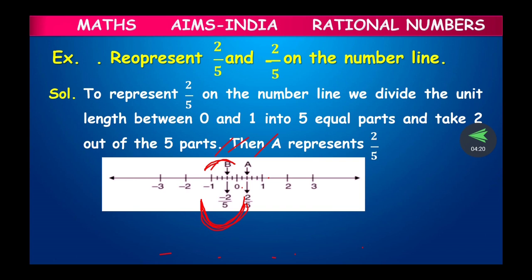That's why the place between 0 and 1 is divided into five equal parts. Out of that, at 2 parts, we have kept A, which stands for 2 by 5. Minus 2 by 5 also, towards left side, the place between 0 and minus 1 is divided into 5 equal parts, and the second part is kept as B, which is equal to minus 2 by 5. Like this we can represent rational numbers on the number line.